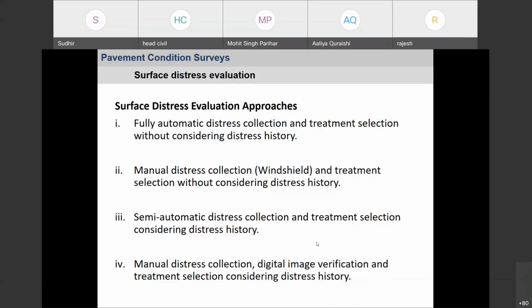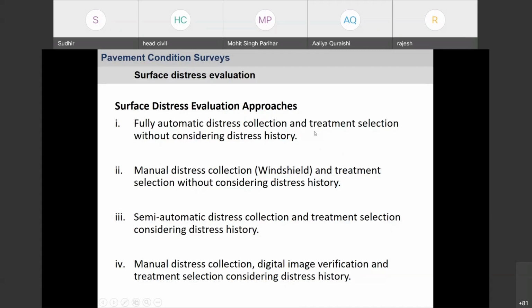So you have collected the distresses from the field, the information about how much distress is there in the existing pavement, in fully automated form using images and videos, and you have also analyzed it automatically, and the selection of treatment has also been made automatically. And all this has been done without considering the distress history. So you understand fully automated distress collection. I have already explained what this means in the previous slide.